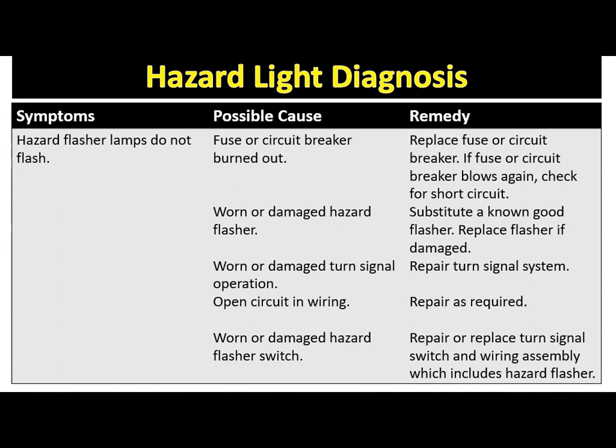Substitute a known good flasher, replace flasher if damaged. Worn or damaged turn signal operation: repair turn signal system. Open circuit in wiring: repair as required. Worn out or damaged hazard flasher switch: what you could do is repair or replace the turn signal switch and wiring assembly, which includes the hazard flasher.